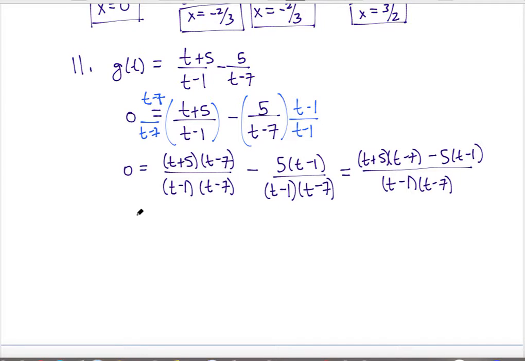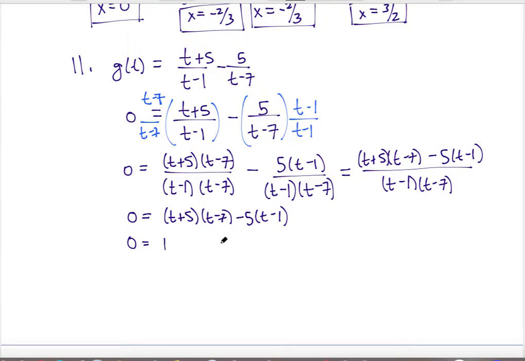I only care about when the numerator is equal to 0. So really I can simplify right now and just look at when the numerator is 0. So that's just when t plus 5 times t minus 7 minus 5 times t minus 1 is equal to 0.